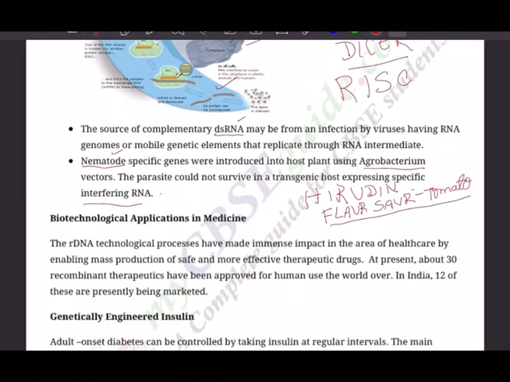When BT brinjal was introduced, there were feelings by the people that the BT brinjal is not good for health. So then government had to come with the help of scientists, give clarifications, give advertisements in newspapers, TVs, all that, telling the people that there is no danger from the BT brinjal. And similarly BT cotton, there were a lot of rumors. So is there really any advantage or any disadvantage of these transgenic plants?